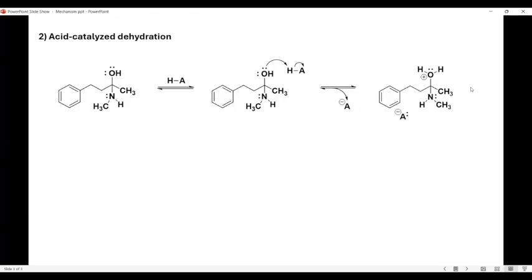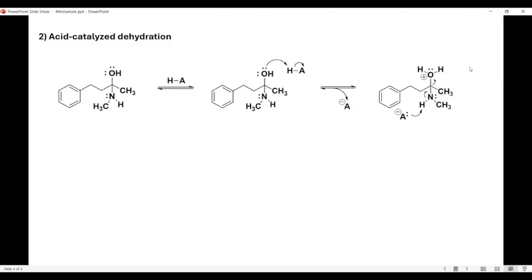And I was told that you always draw arrows coming from lone pairs. Never draw the arrow coming from the negative charge because you'll lose marks that way. So in this case, the lone pair will deprotonate the nitrogen again. The electrons will be pushed to form a double bond between this nitrogen and the carbon, and water, neutral water, is a very good leaving group, so that will leave.